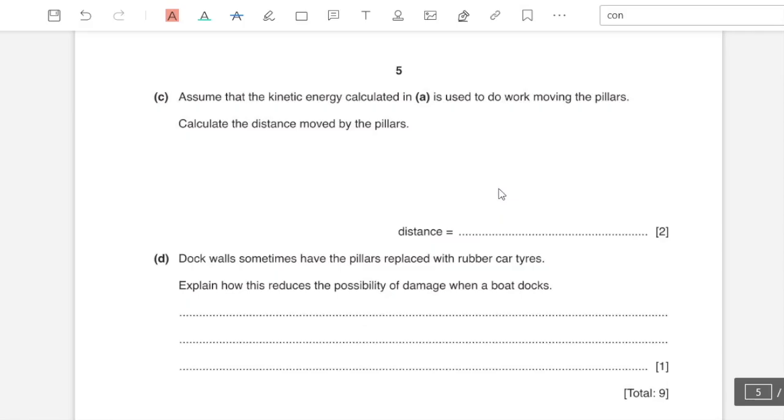C. Assume that the kinetic energy calculated in A is used to do work moving the pillars. Calculate the distance moved by the pillars. Alright, so we have the formula of work done as force into distance. So the formula of distance is going to be work done divided by force. Work done is also equal to energy, and for that energy we're going to be using the kinetic energy value that we had in the question.